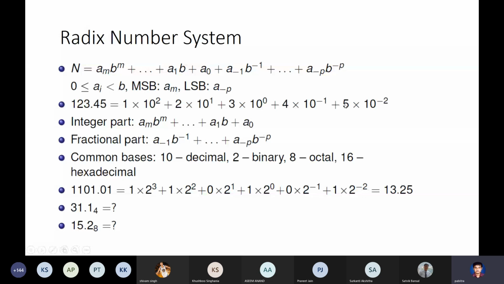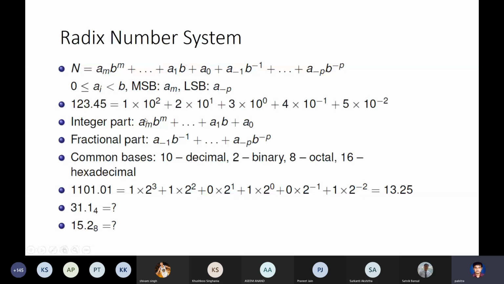So this string 1, 2, 3.45, if we convert it to a number, would be, sorry, I withdraw. I said n to be an integer, but n can be a float number also. The part of the number to the left of the decimal point is the integer part. The least significant digit has a weight of 10 to the power 0, or 1.